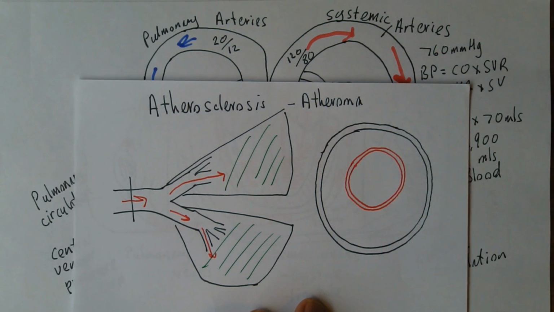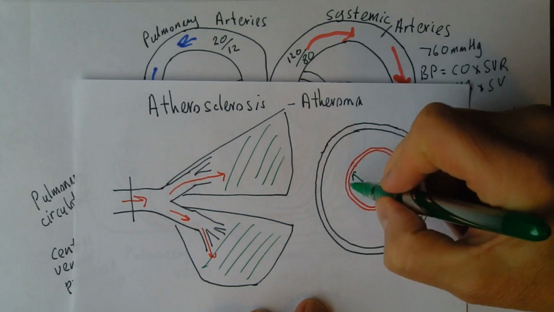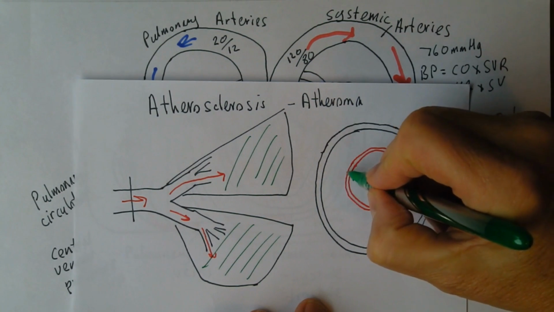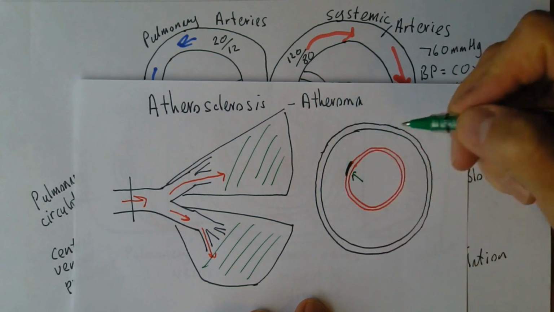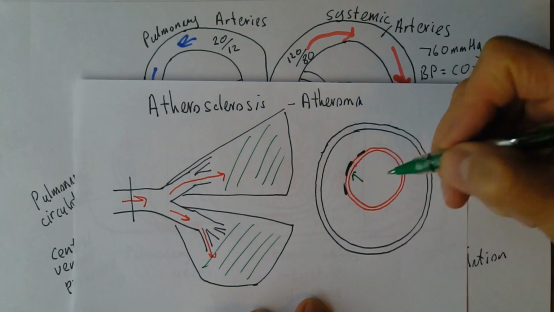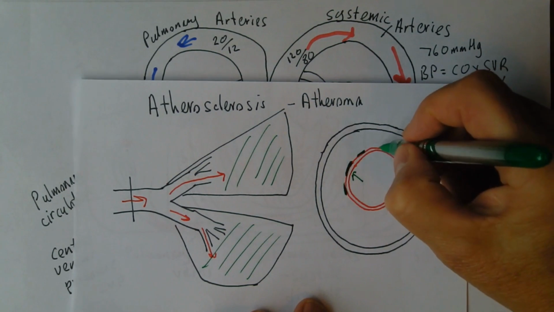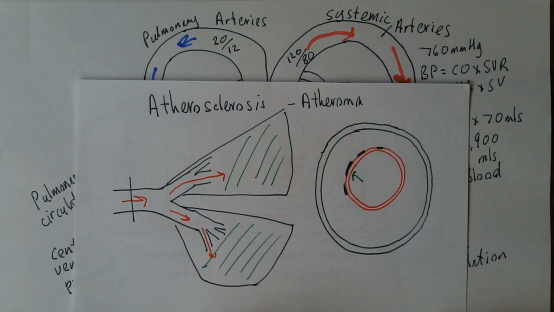Now what happens in this disease process of atherosclerosis is that fatty material such as cholesterol gets through the tunica intima and starts accumulating just underneath the tunica intima. And again, we deal with this in more detail in other videos, but that's what happens.